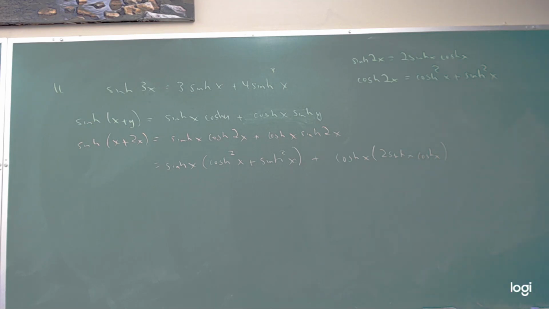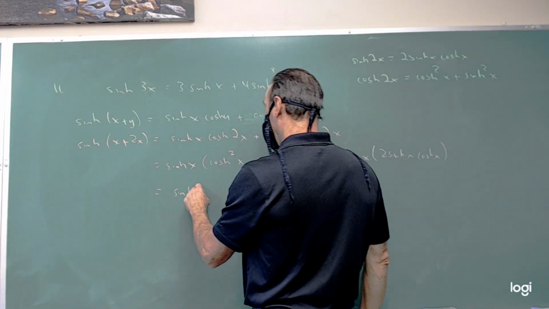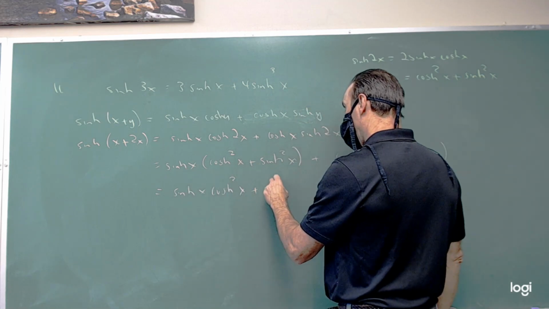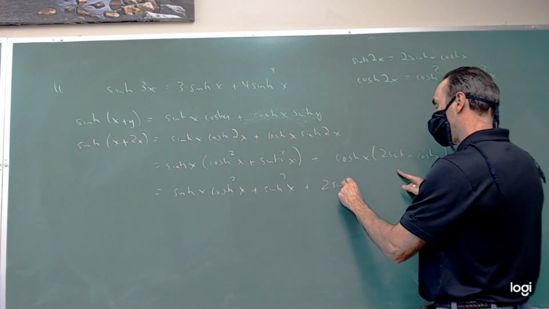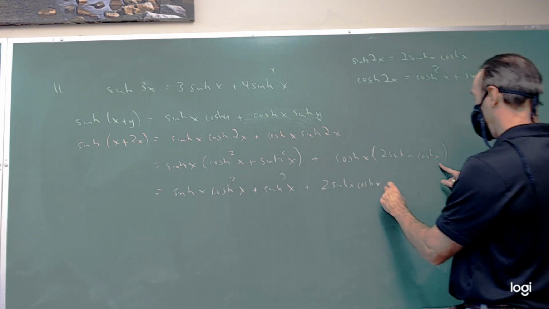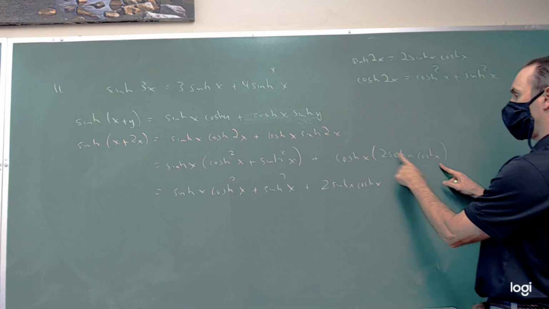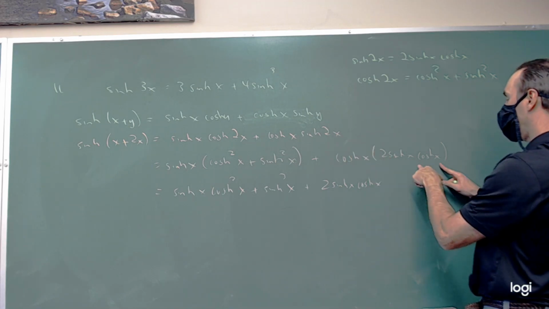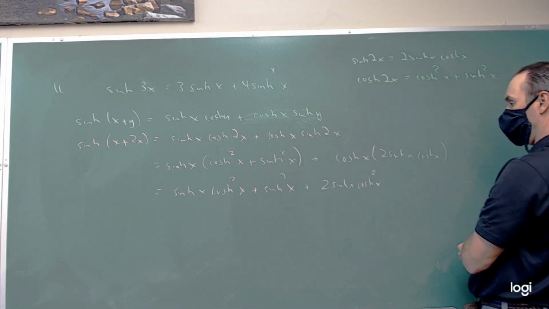So we have a sinh x cosh squared x, a sinh cubed x, and a 2 sinh x cosh x. Oh, that's right. So this is just 2 sinh x cosh squared x. Does that look right?